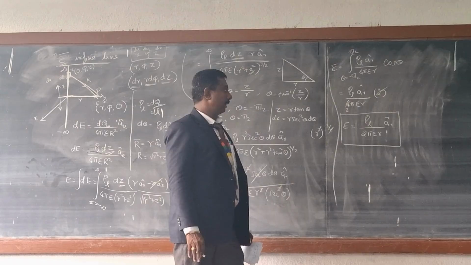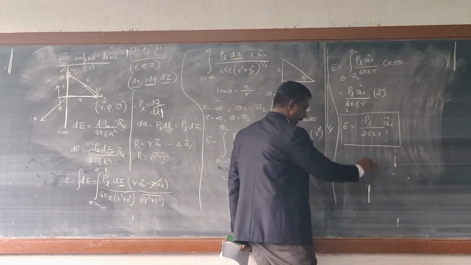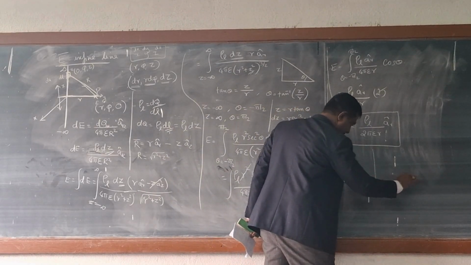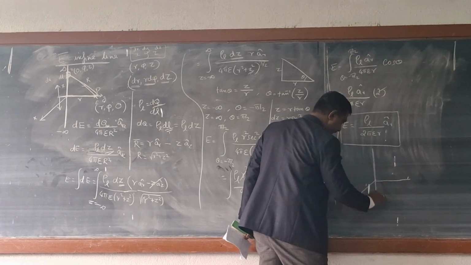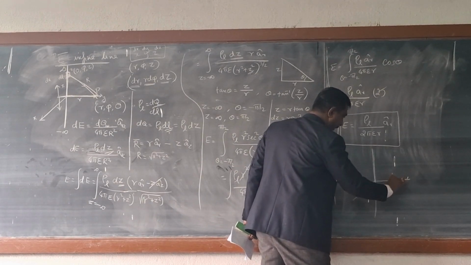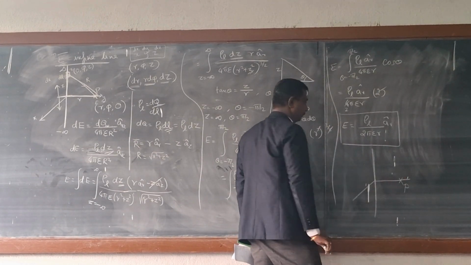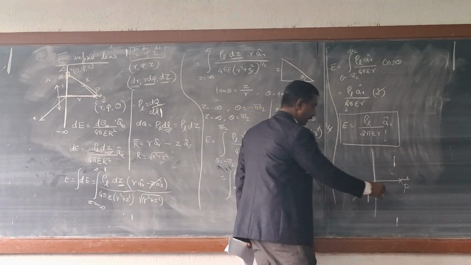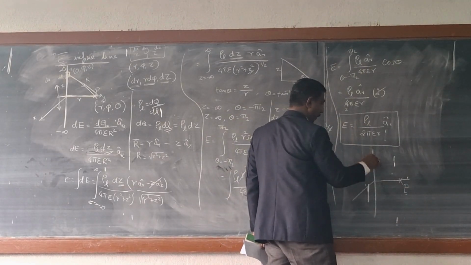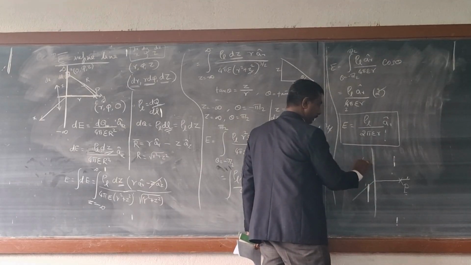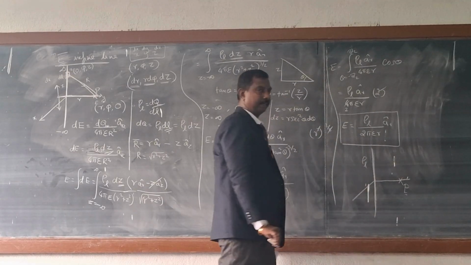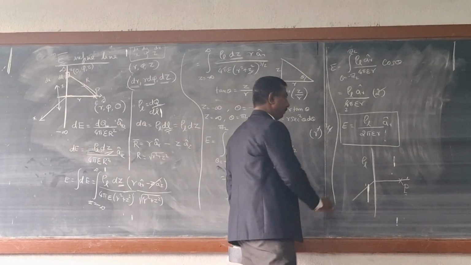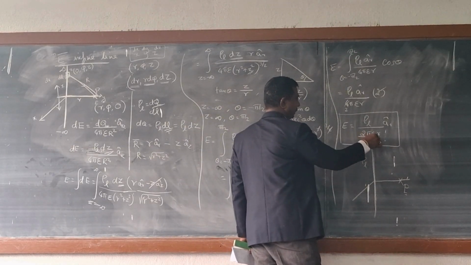Right? Let us explain this. If I take a line charge, and I have taken a point here, the E vector at this point will be equal to rho L, that is line charge density of that infinite line, divided by 2 pi epsilon r constant, right?